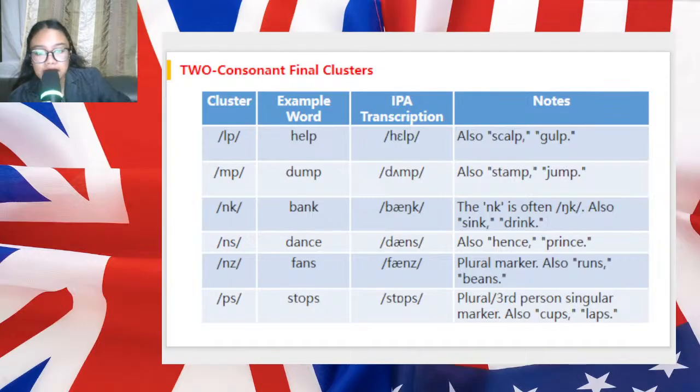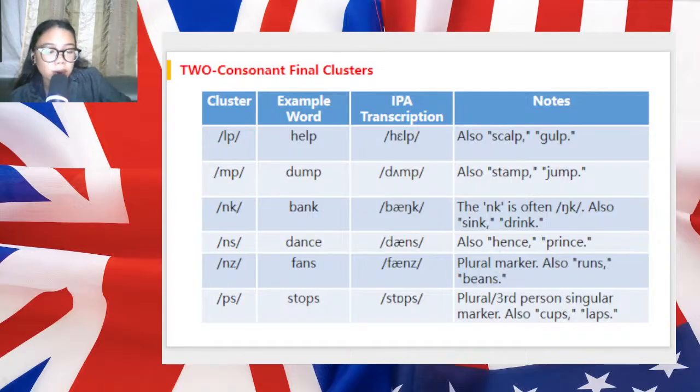All right, that's that. Of course, if there's a hissing sound, there's an equivalent buzzing sound for it, because there are words that, despite their spelling, are pronounced with a buzzing sound or a letter Z sound, a voiced sound. Anyway, that is NZ, the NZ cluster as in fans.